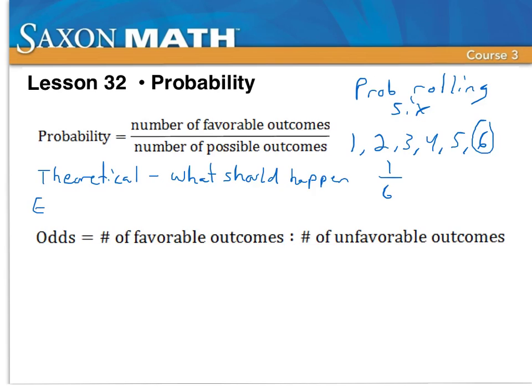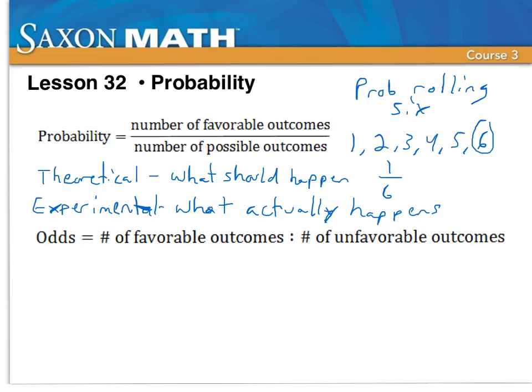Experimental probability is what actually happens. Let me erase that, sorry. So experimental probability is what actually happens.